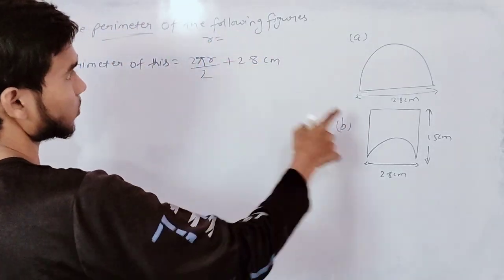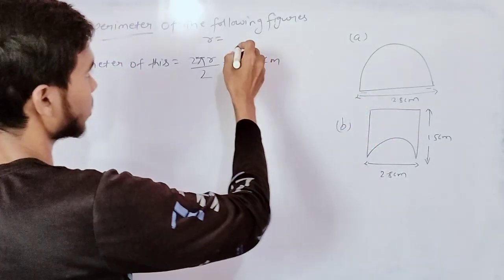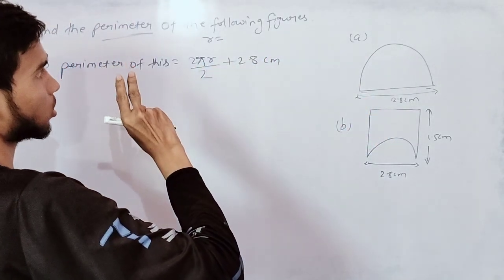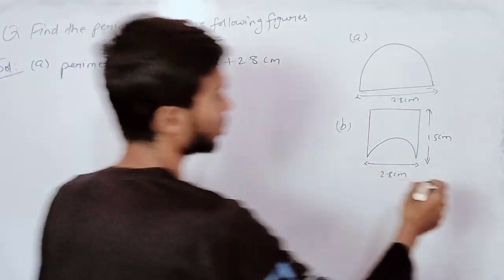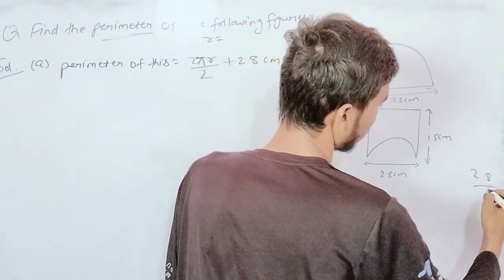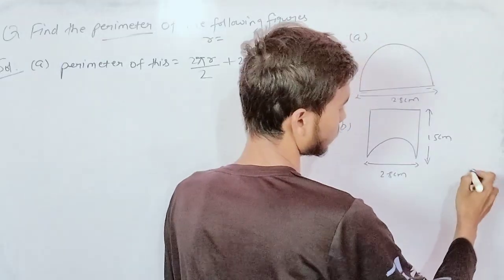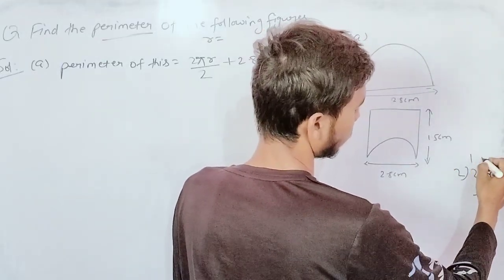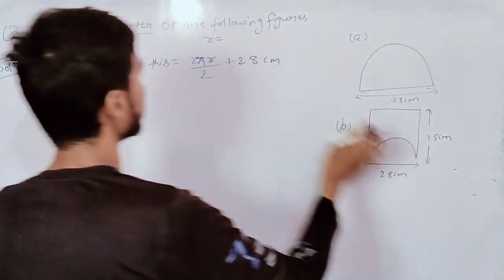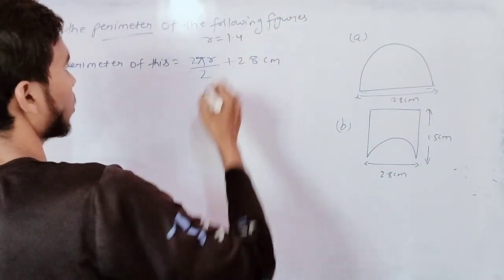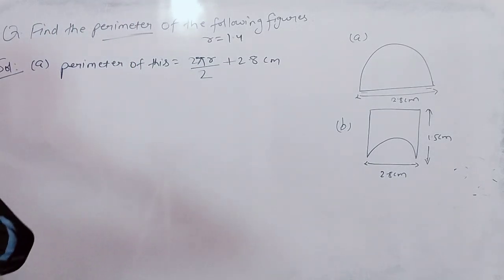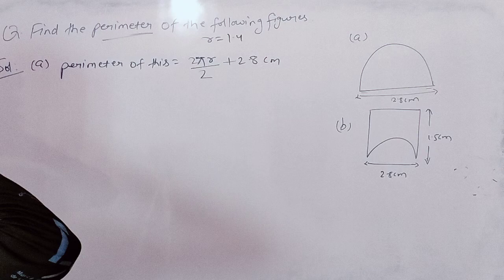Now here we know r would be what? r would be just half of this, which is 2.8, so half of 2.8 would be 1.4.